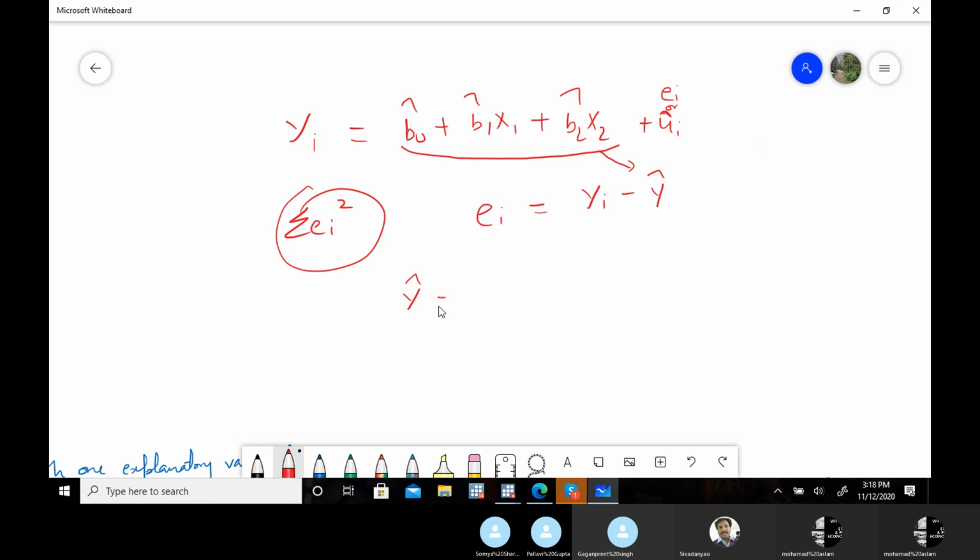The y hat is beta 0 hat plus beta 1 hat x1 plus beta 2 hat x2, and we know this property that the regression line passes through the mean: beta 1 hat x1 mean plus beta 2 hat x2 mean.